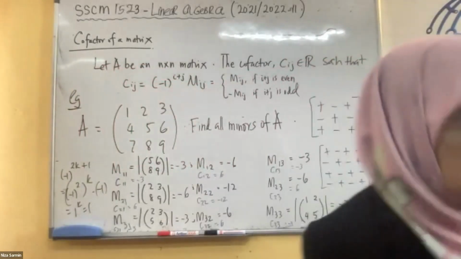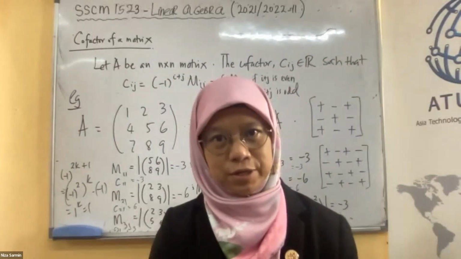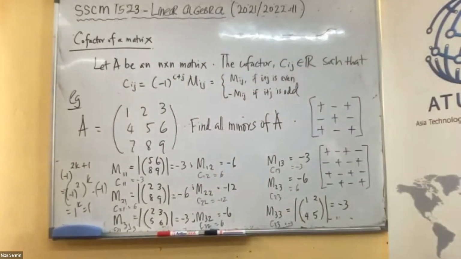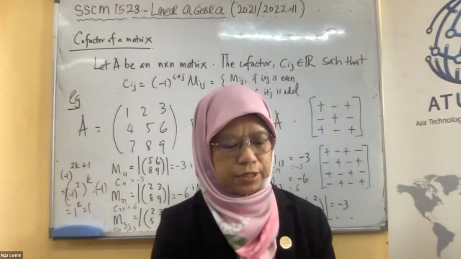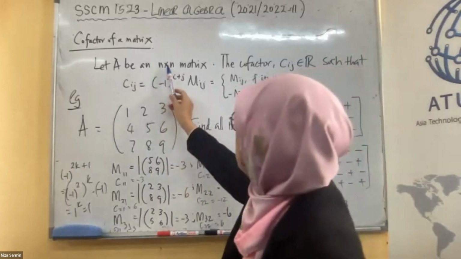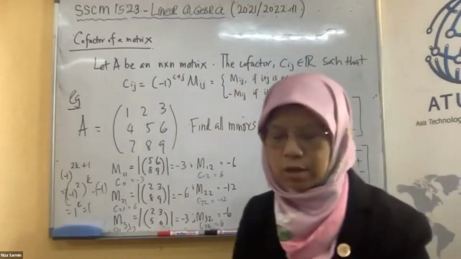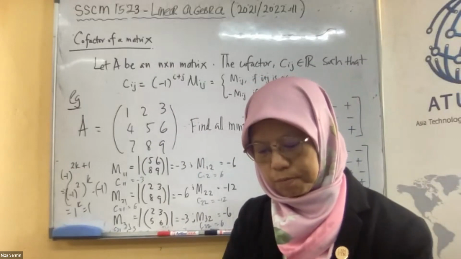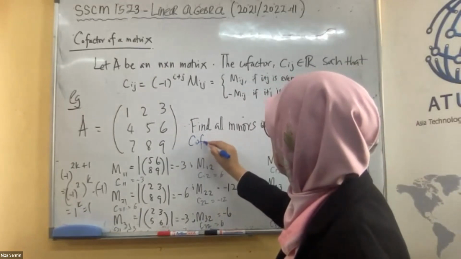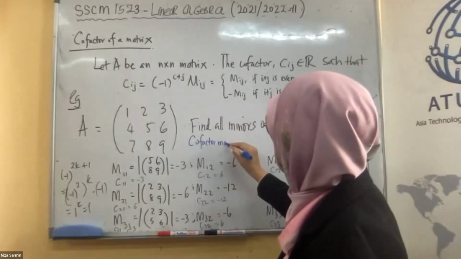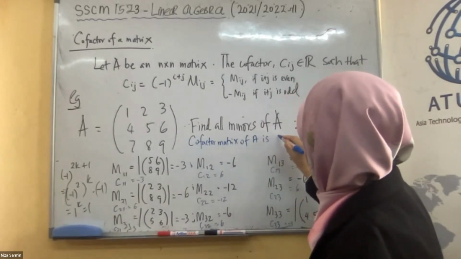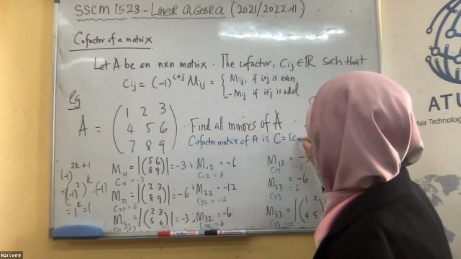Now the next one is a cofactor matrix. The cofactor matrix, still we will write A is an n by n, and we call the cofactor matrix of A to be C, which is Cij.